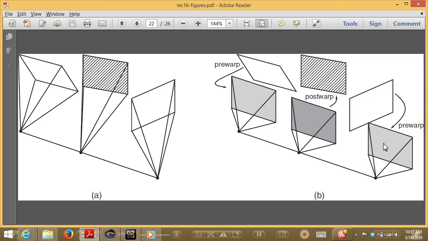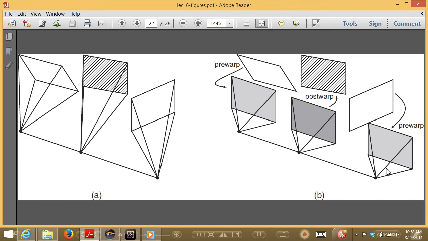Remember, in stereo and epipolar geometry, we talked about image rectification. And that's exactly what this prewarping is: rectifying the images so that the epipolar lines are horizontal. So now you know why I talked about rectification. In addition to stereo, this is the first step that we need for view morphing.